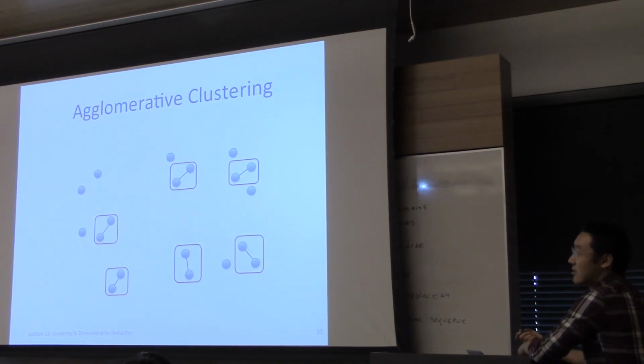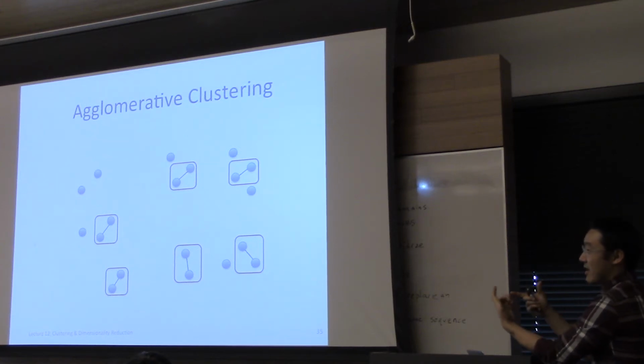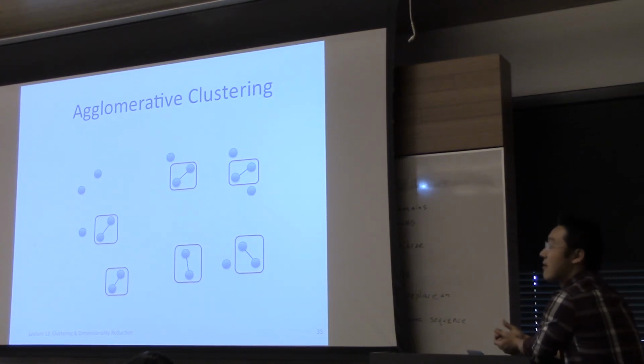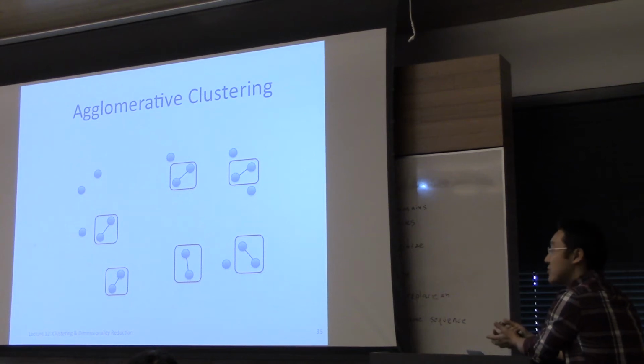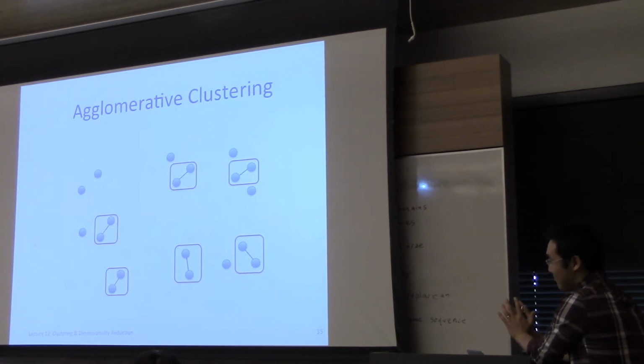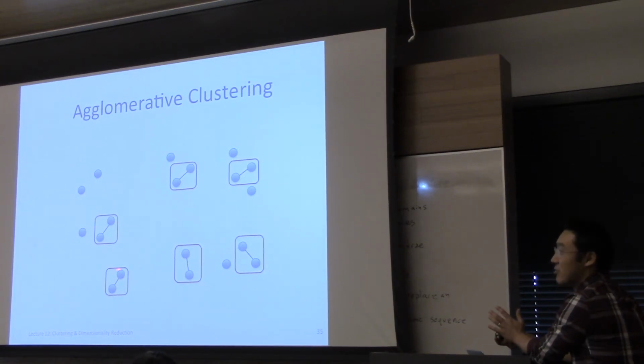So not a point mass, but something that has surface area or volume, right? Some people use the center. There's no strict way to do it, but the one you read about first on Wikipedia or in a textbook would choose the one that's closest. So the distance between these two groups is this point and this point.